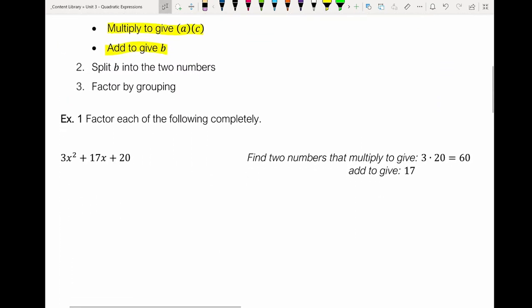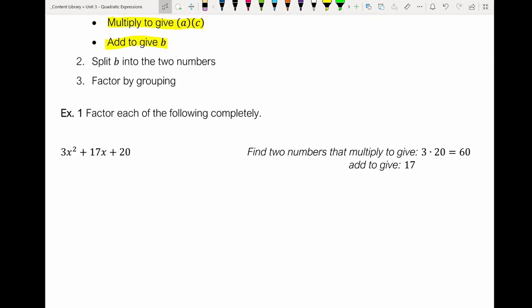Let's look through the first example. I want to factor 3x squared plus 17x plus 20. Right off the bat, I can see that it's a complex trinomial because of this a value. It doesn't equal 1, so I have to factor it through the decomposition method.